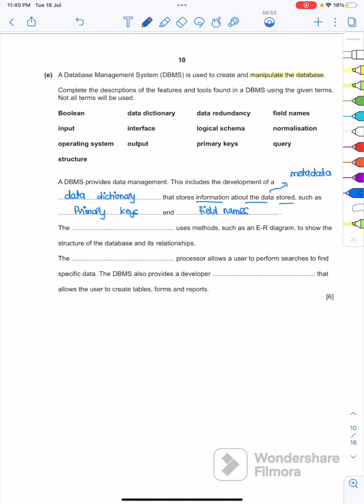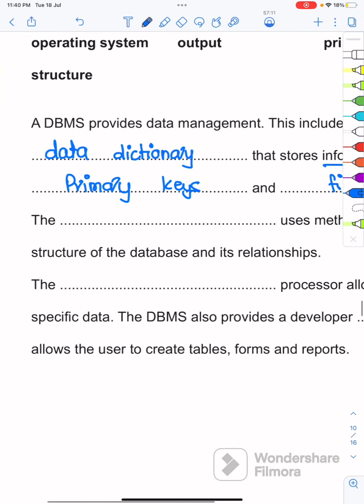There are different types of schema that you're going to have to learn, as part of your database theory. There is logical schema, there is external schema, and there are several others that you're going to have to be very familiar with. So in this case, the logical schema uses entity relation diagrams to show the structure of the database and the relationships in it.